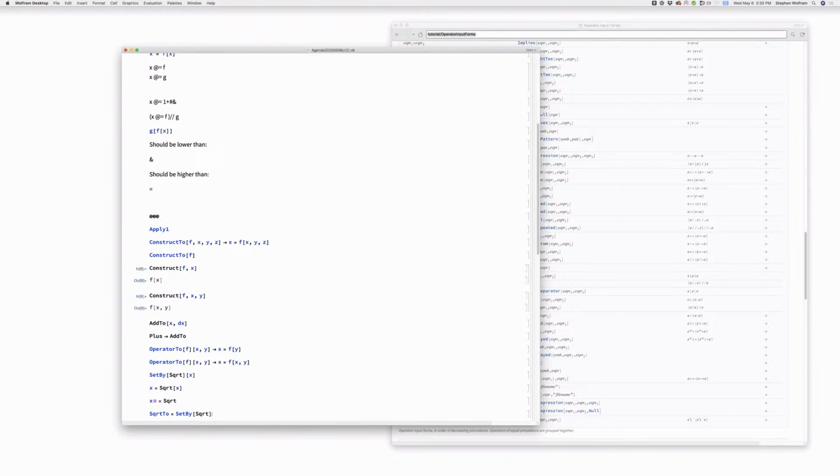I'm asking the question: is it worth considering the possibility of a hold subvalue? And if we did that, what consequences would it have? Because, for example, in this case, what's being proposed as SetBy could have an operator form, and the subvalue could work.